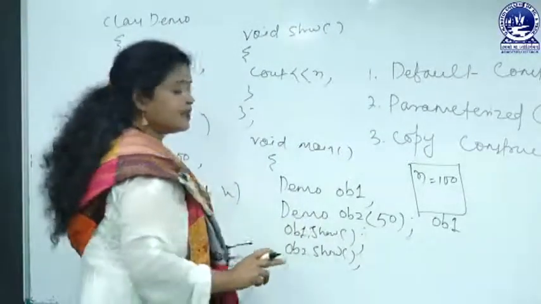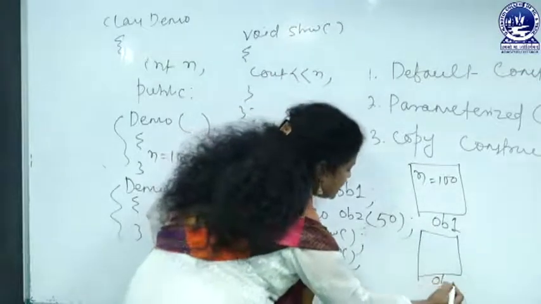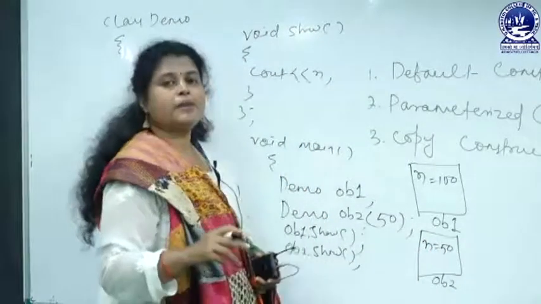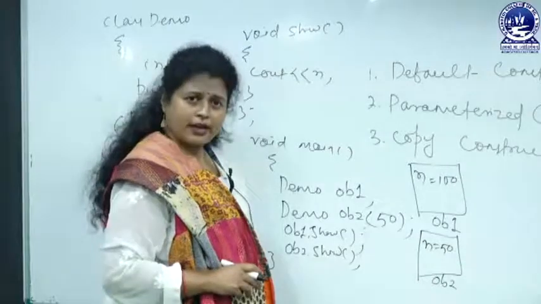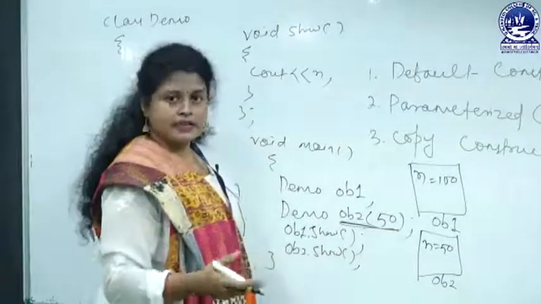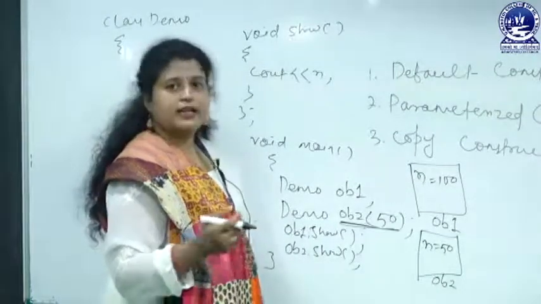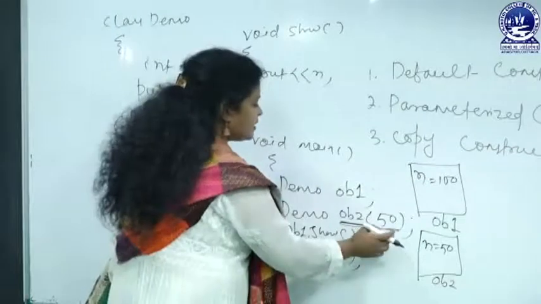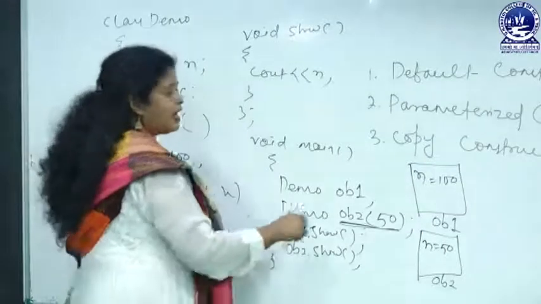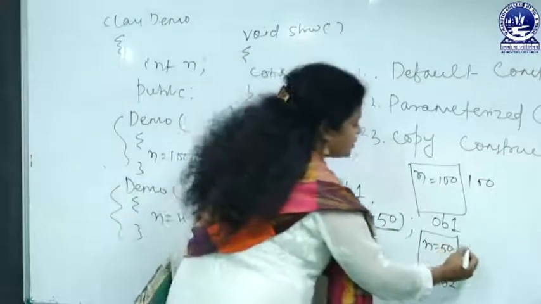But when we are creating demo OB2 with 50, OB2 will be created and n will be initialized with 50, and the parameterized constructor will be executed. Why? Because here we are passing a parameter, the integer value 50, and in the parameterized constructor I have also used one integer argument. For that reason n will be initialized with 50. So when we call OB1.show, the output will be 100, and when we call OB2.show, the output will be 50.